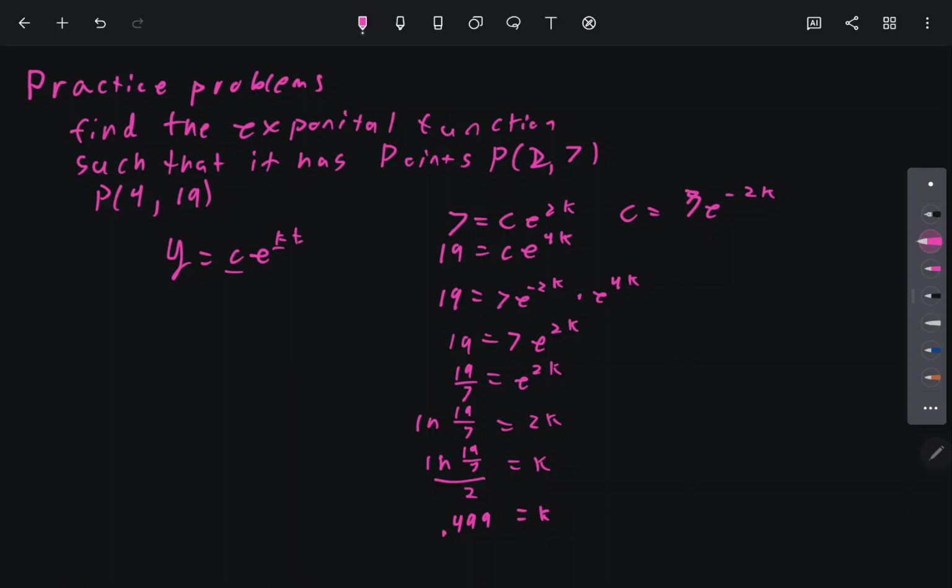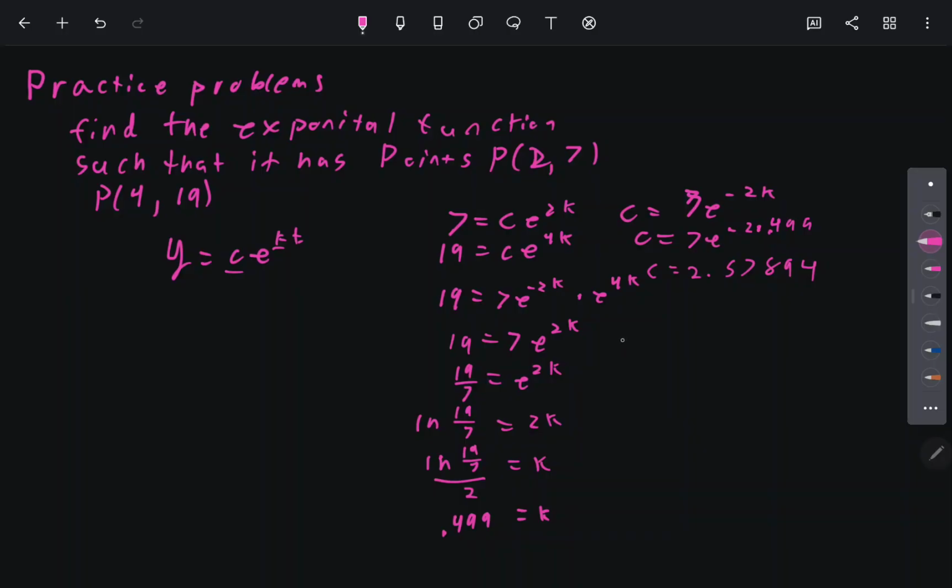We already have a convenient expression we are going to use. So c is going to be equal to 7e to the negative 2 times 0.499. And plugging that expression into our calculator, we should get c is equal to 2.57894.